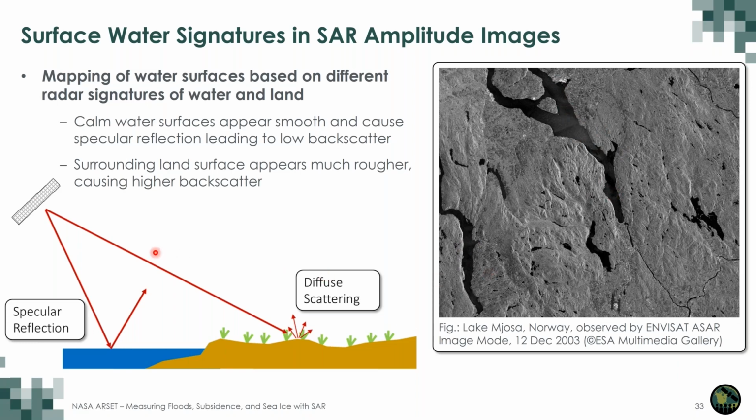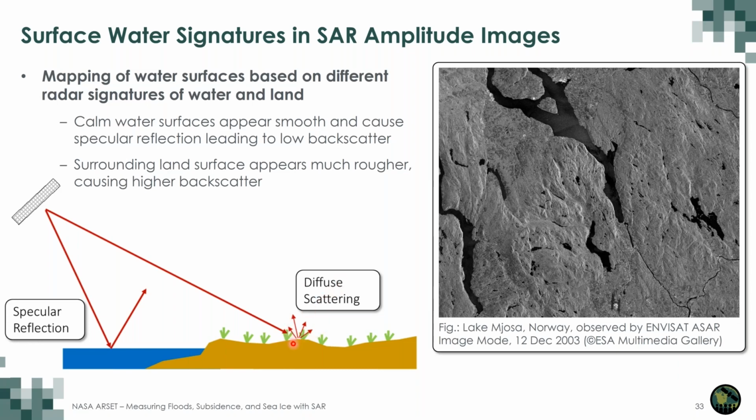In contrast, if the incoming signal hits regular land surfaces, such as bare soils or vegetated terrain, we incur diffuse scattering. This is because of the roughness of the surface and the structure that grows or is on top of the surface.